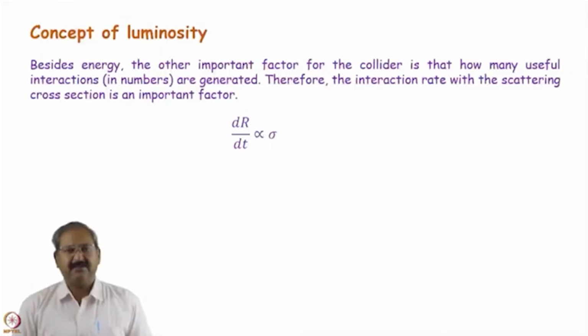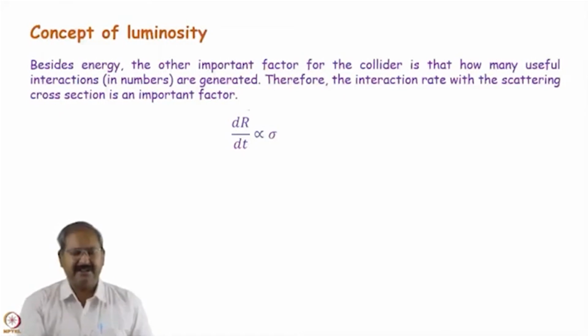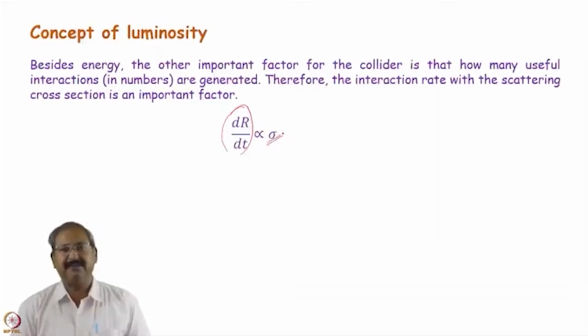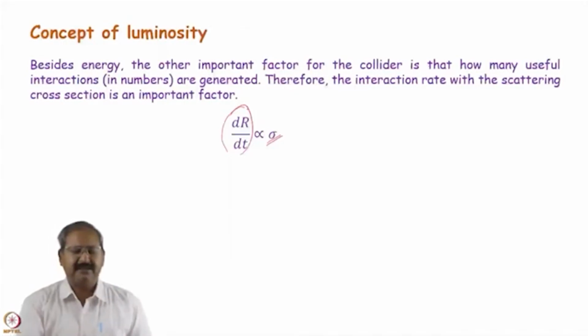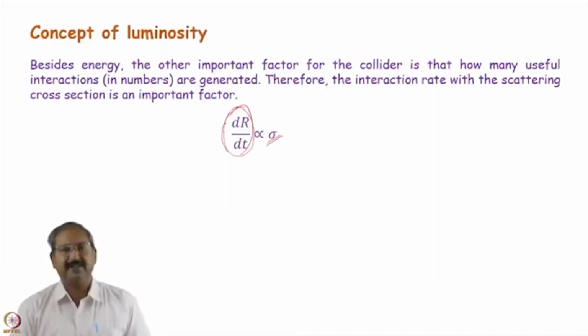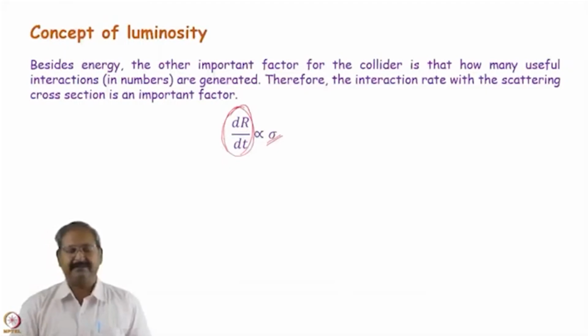And definitely for a particular event, this rate, how many events are taking place, depends on the scattering cross section for that particular event. Suppose we want to pinpoint or pick some event, then what is the scattering cross section for that event? That describes the events per second for that particular type.